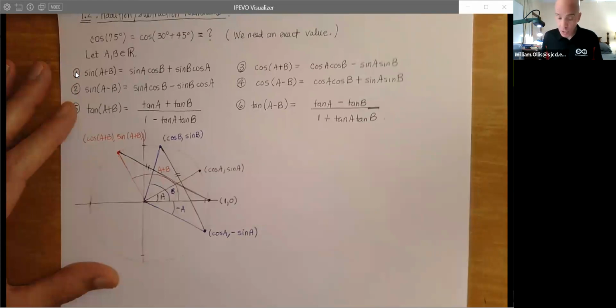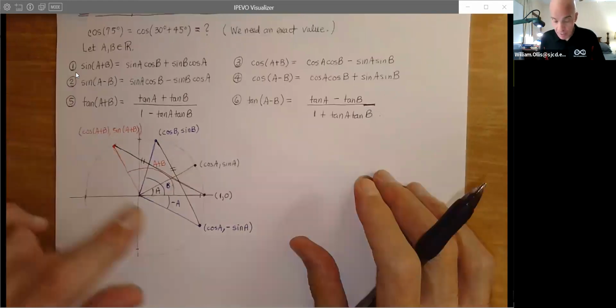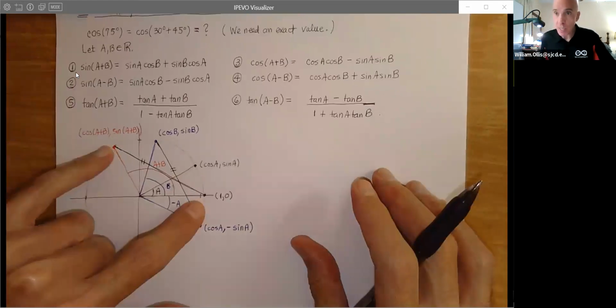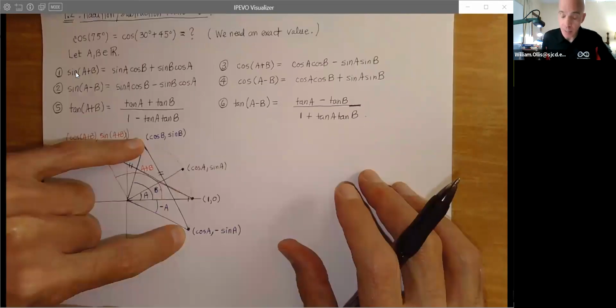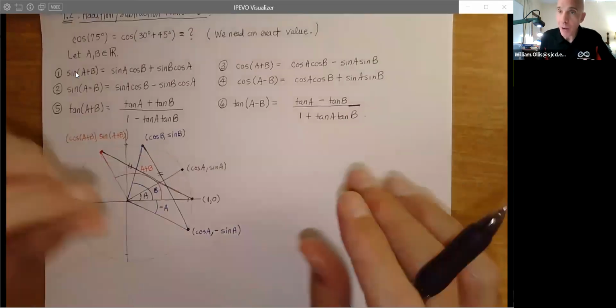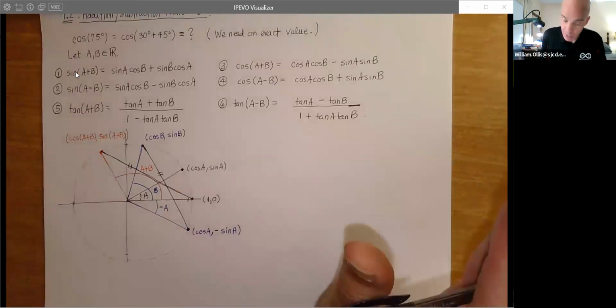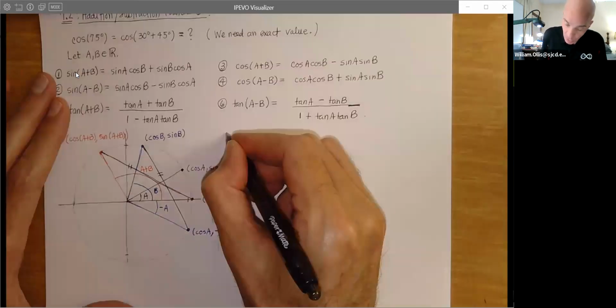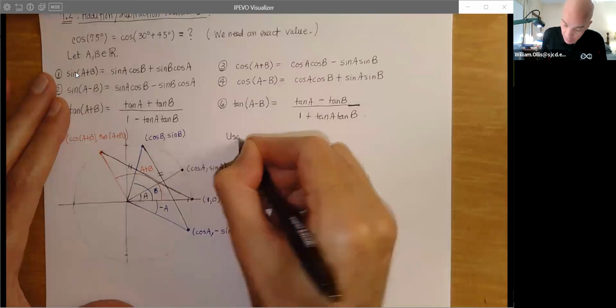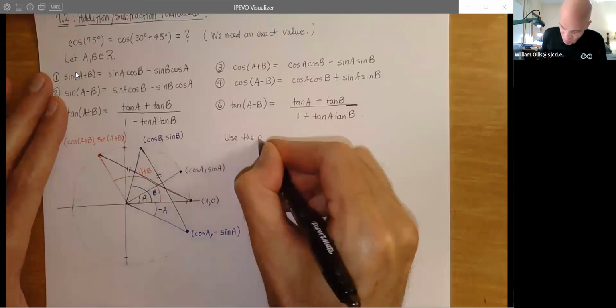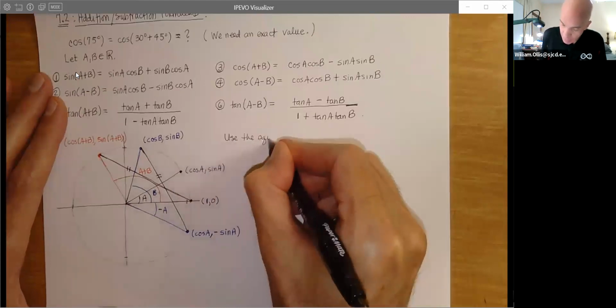So what we can do is look at these points and then these points and use Euclidean distance. So instead of worrying about the radicals, which really don't matter, we'll just look at the square distances. So use the square of Euclidean distance.